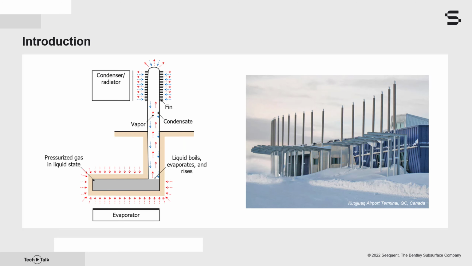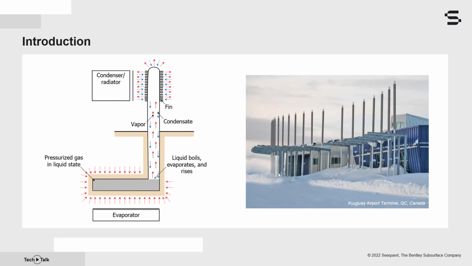Two-phase thermosyphons are passive heat exchangers that maintain frozen ground conditions by circulating a fluid without the need of a pump. The circulating fluid is generally pressurized carbon dioxide or ammonia, which vaporize when heated and condense when cooled. This fluid is contained in a closed and sealed vessel that consists of an evaporator, which is below the ground, and a condenser, which is above the ground surface.